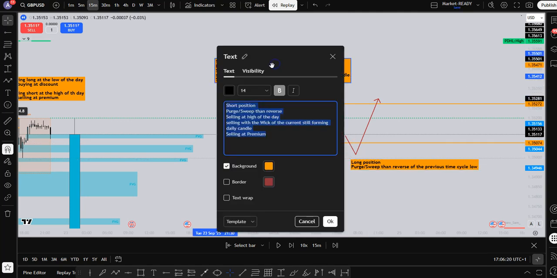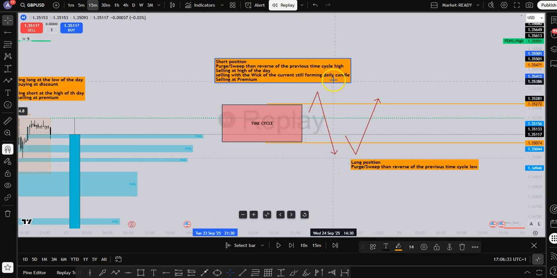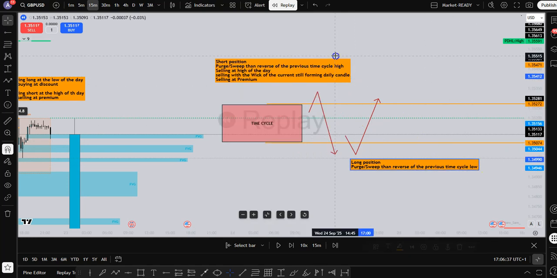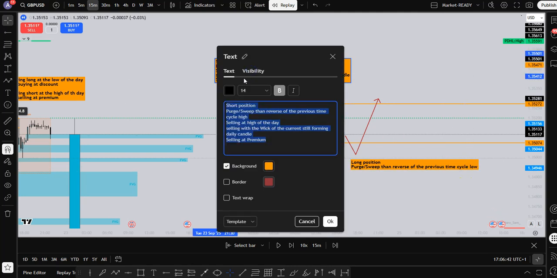In this case, reverse the previous time cycle high. This is why the high and low of the day, and the low of your session, is extremely important. Previous cycle low, previous cycle high.